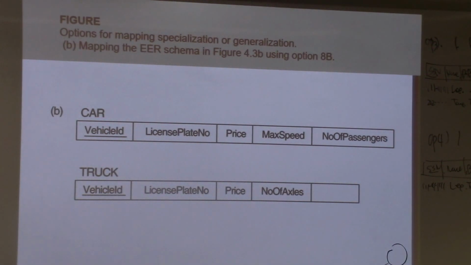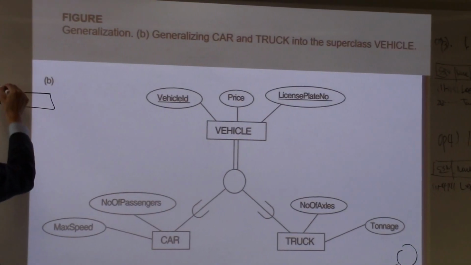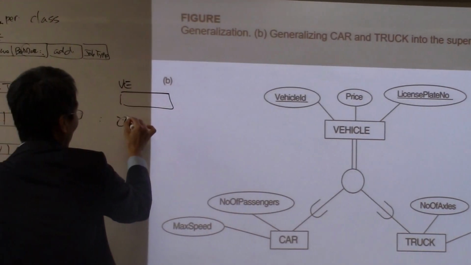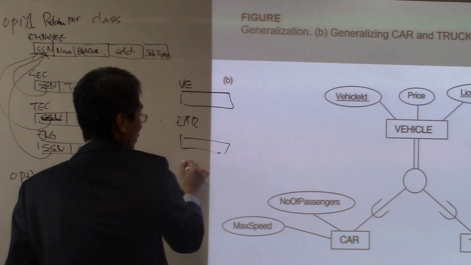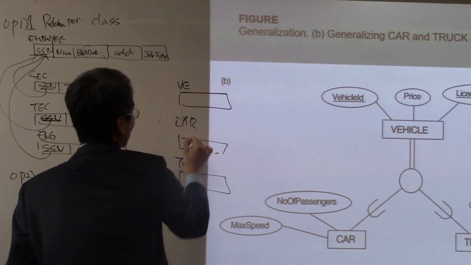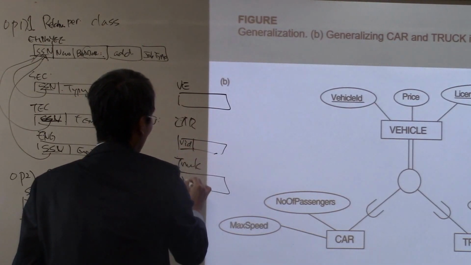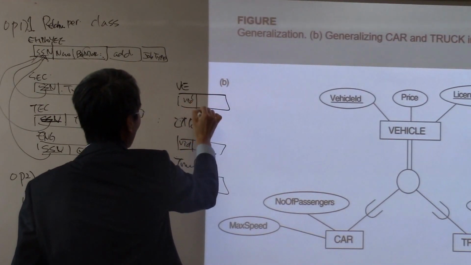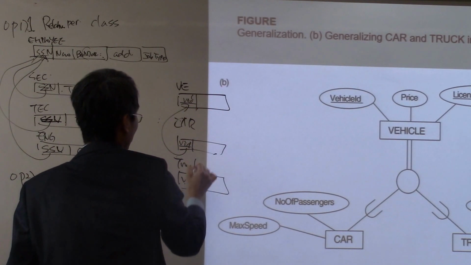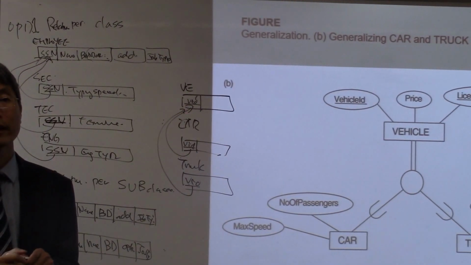What if it is the first option? You need to create the vehicle, you need to create the car, you need to create the truck relation. Then what is the key? It is the vehicle ID. So you need to make two foreign keys in such a way.